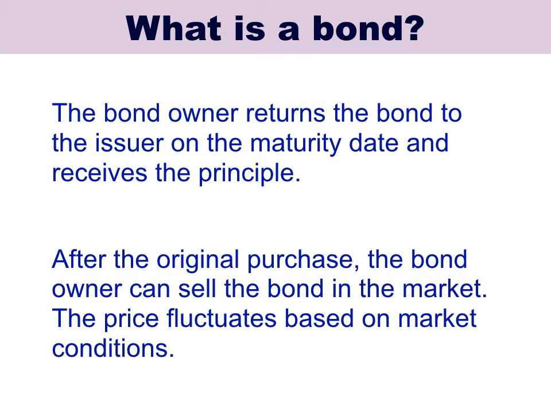So you're not going to wait for them to go bankrupt. You might say to somebody, hey, I'll give you this bond for $500. Well, if that company is still around, the person that you sold it to is going to be able to go to that company and get $1,000 because that's the value of the bond. But like I say, the price of the bond is going to fluctuate. And essentially, if the price goes down, that means that the yield is going up. And if the price goes up, that means the yield is going down.